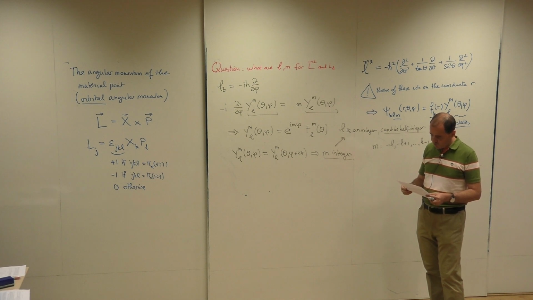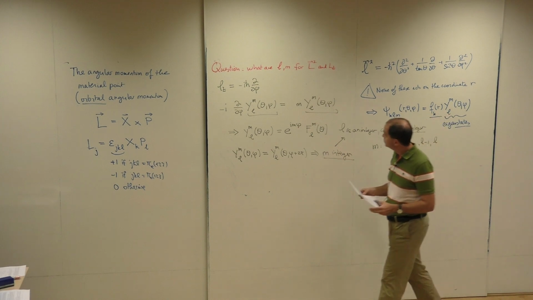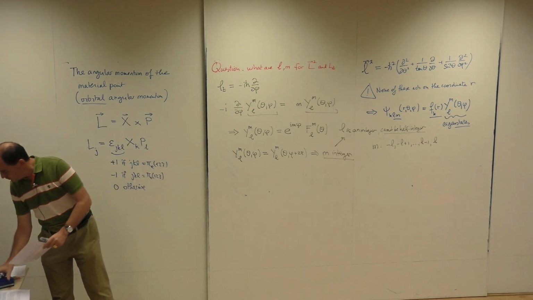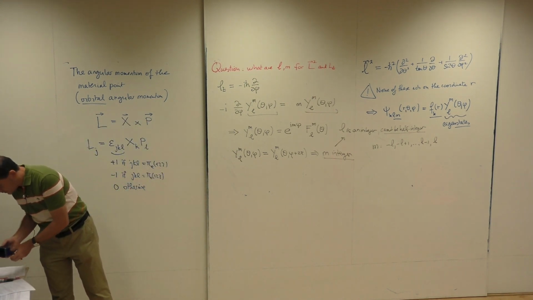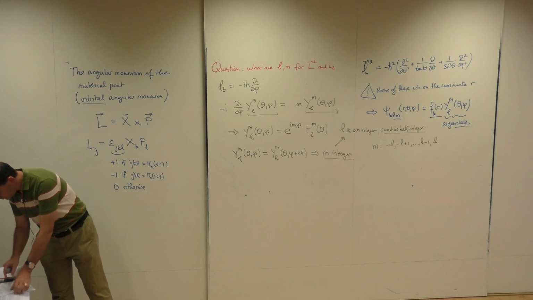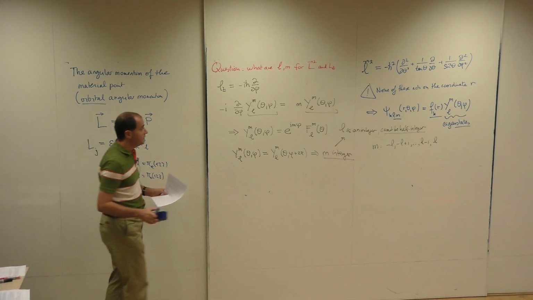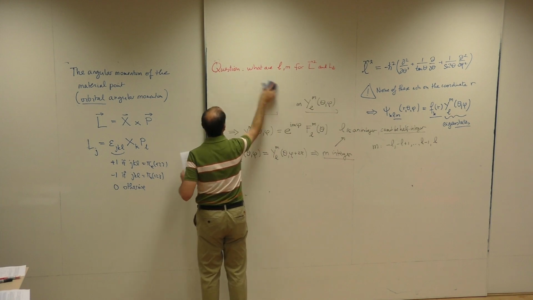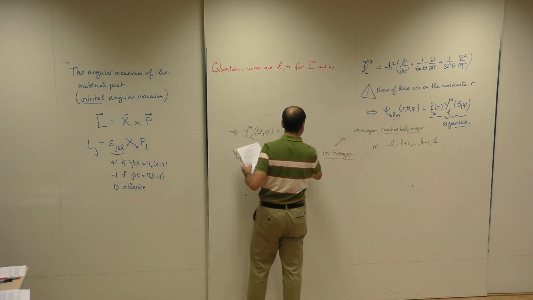Okay, how do you prove that? What we'll have to prove is to solve this for L and to prove that all the integers are possible. And probably I will do it quickly.